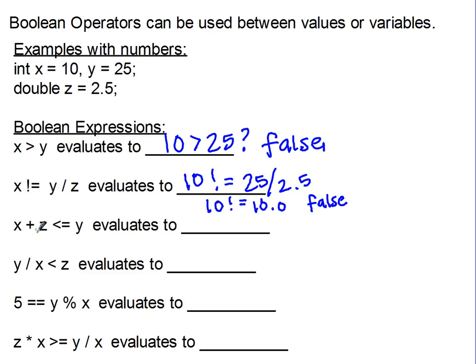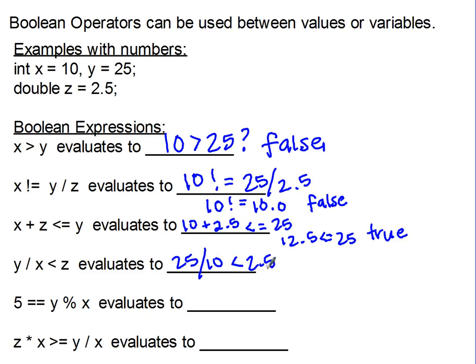Next one I'm looking at, I have x plus z, so 10 plus 2.5 less than or equal to 25. So is 12.5 less than or equal to 25? And the answer to that is true. Then I have y divided by x, so 25 divided by 10 is less than 2.5.